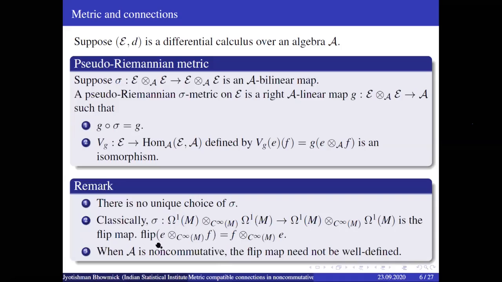Flip meaning that if it acts on E tensor F, it just gives F tensor E. The main point to remember is that when A is a non-commutative algebra, and I have some A bimodule E, then the flip map is not defined at this level. I mean, it's usually not well defined, and that's one of the key problems.